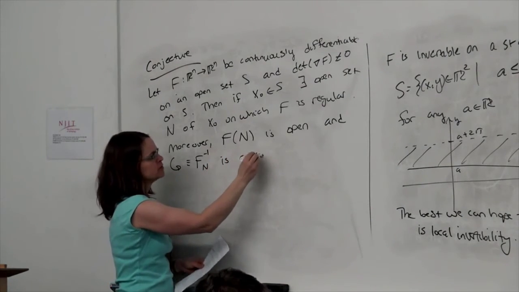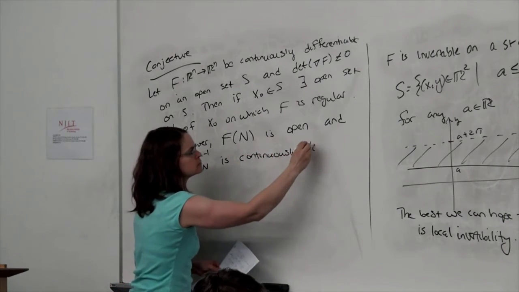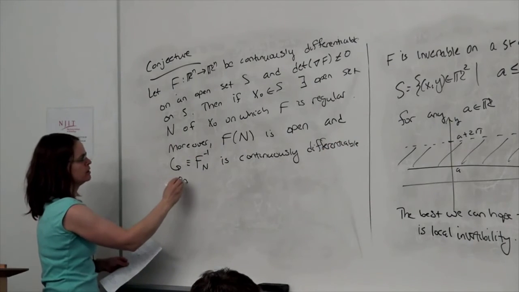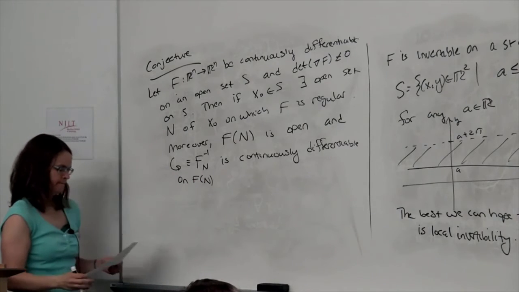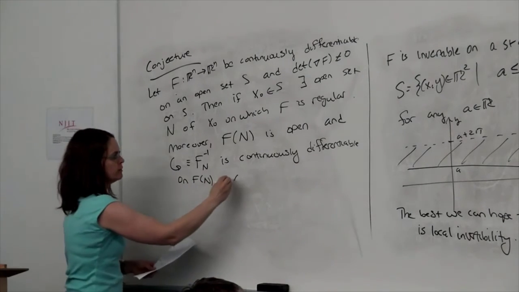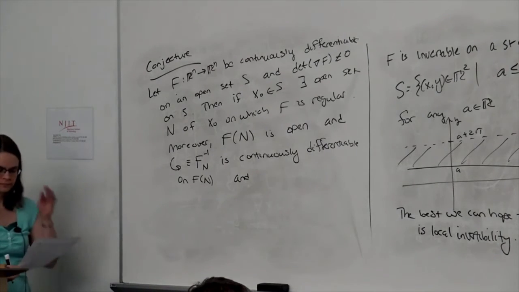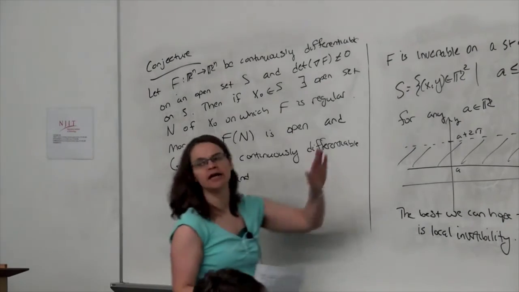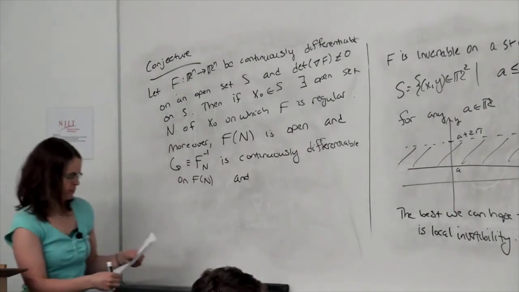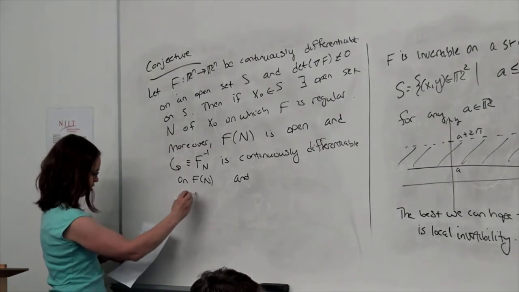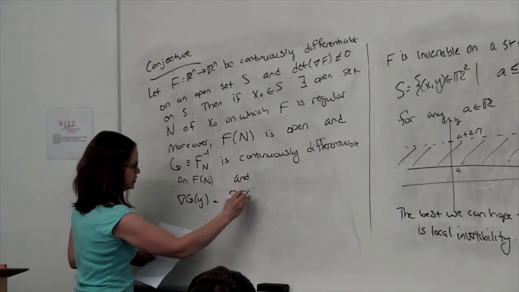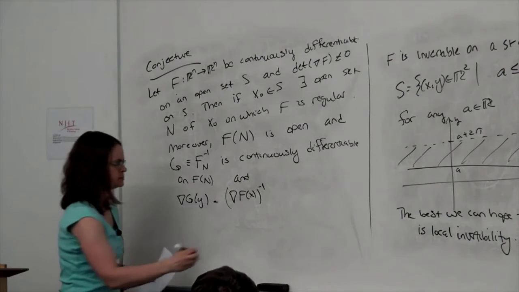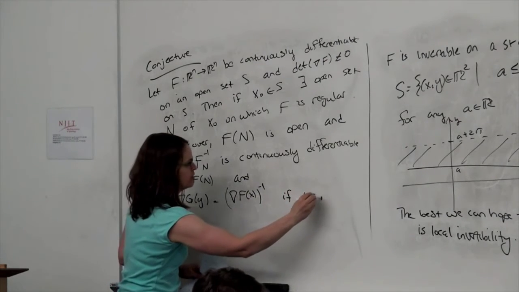It is continuously differentiable on its domain. And I'm hoping to be able to see this kind of relationship between the Jacobians. The Jacobian of g is equal to the inverse of the Jacobian of f if y equals f of x.